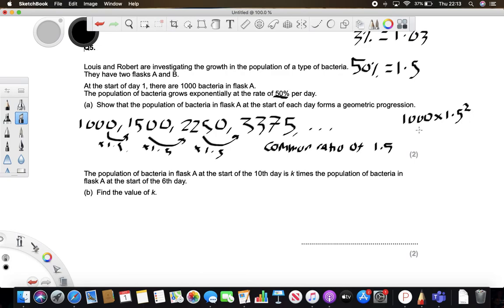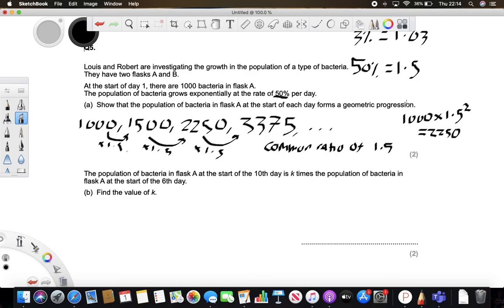And that is equal to 2,250. So it's a little bit like compound interest. Well, in fact, it's a lot like compound interest. And that's where we're really using the formula for compound interest in this question.